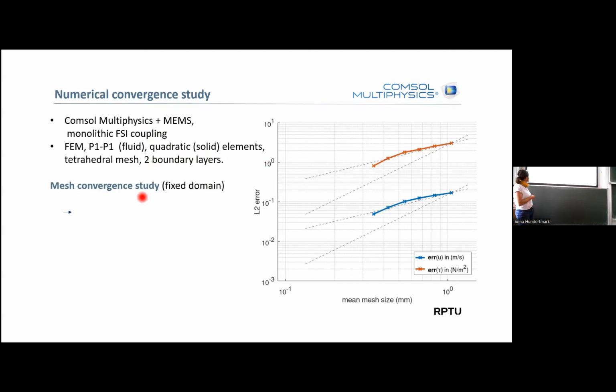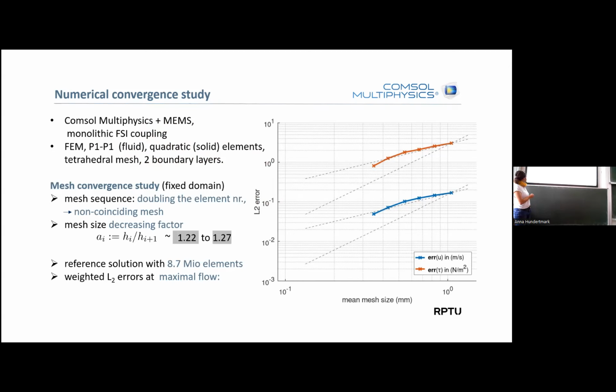We performed a convergence study on a fixed domain because of the amount of computation. Because we have no regular mesh, we cannot refine it. Refining each element highly increases the computational cost and so on. Therefore, we took the strategy of doubling the number of elements.